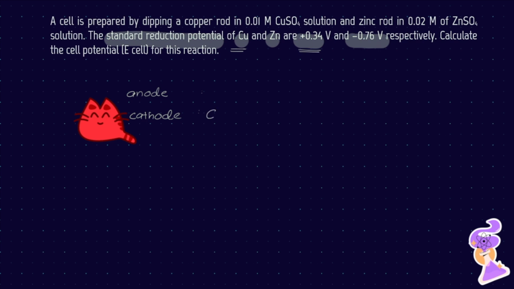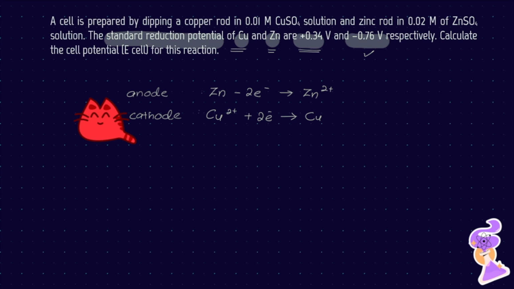So your copper should be Cu2+ plus 2 electrons, which shall produce copper. Your zinc, since this is negative, means that it shall undergo oxidation at the anode. So zinc minus 2 electrons shall produce Zn2+.